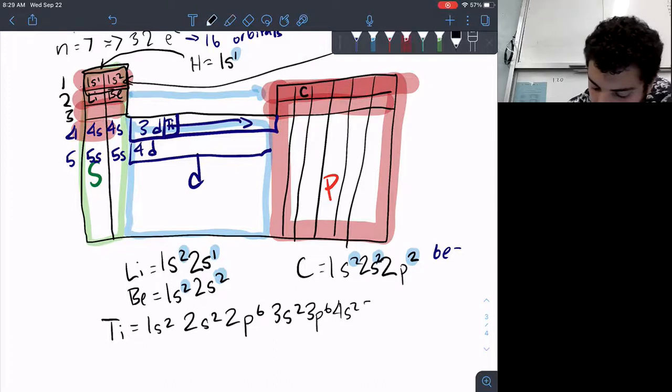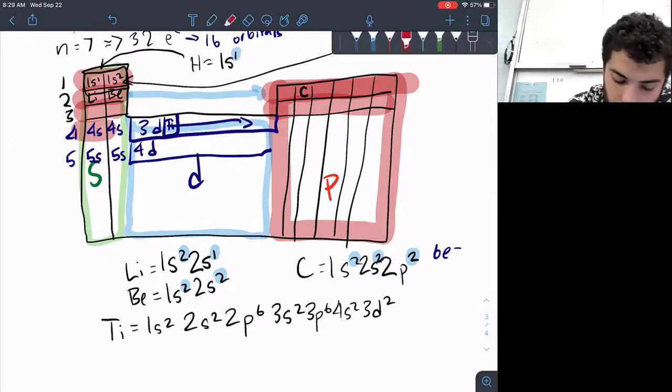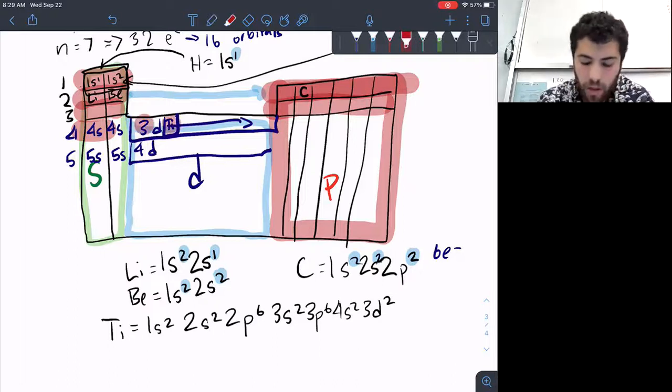And finally, it's going to be 3d2 because it's the second position within the 3d orbitals.